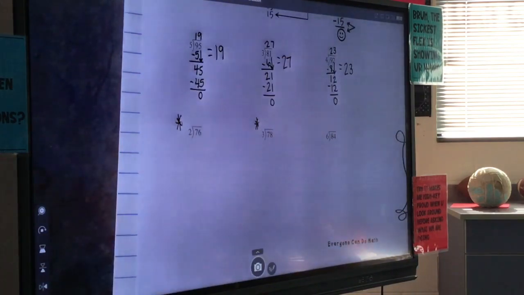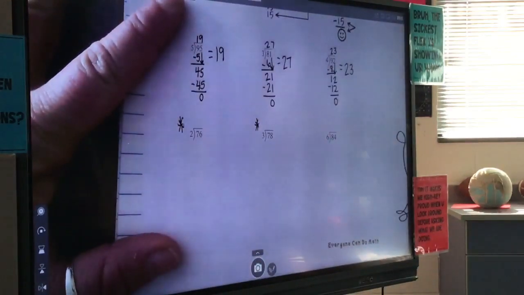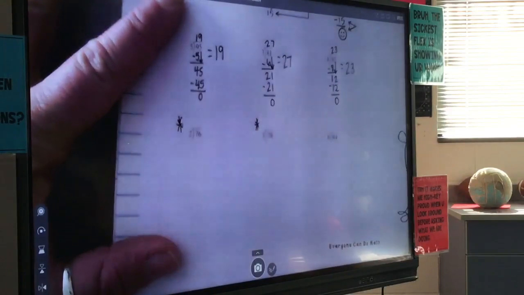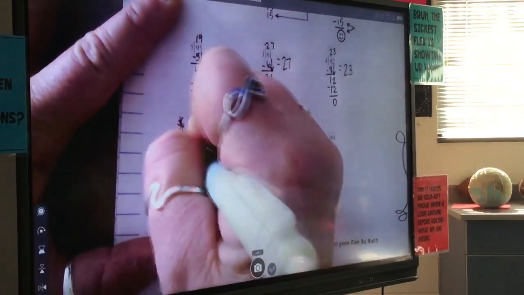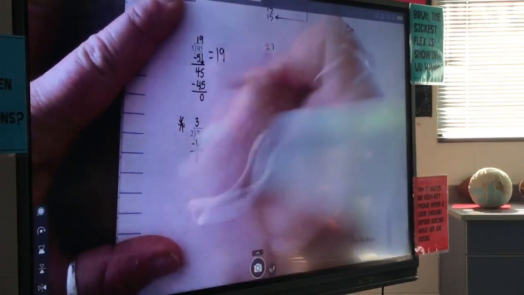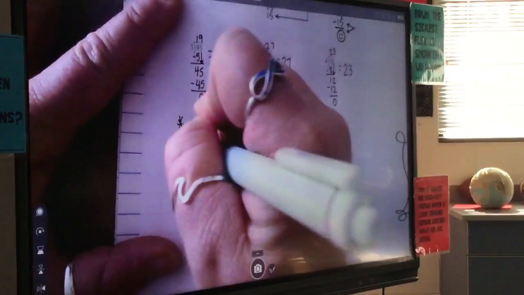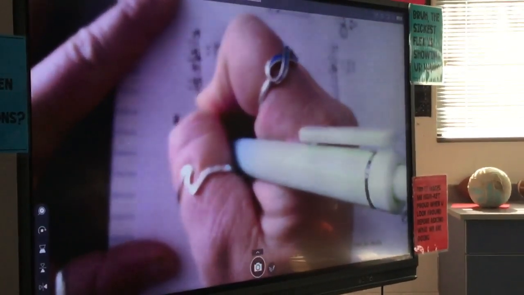Who would like to walk me through 76 divided by 2? All right, BK. You're gonna multiply 2 by 3, okay, and subtract 6 from 7. Okay. Then what? It's gonna equal 1. You're gonna put 3 above the 7, okay, and you're gonna bring down the 6.